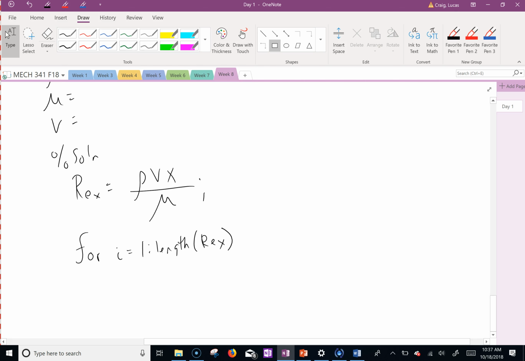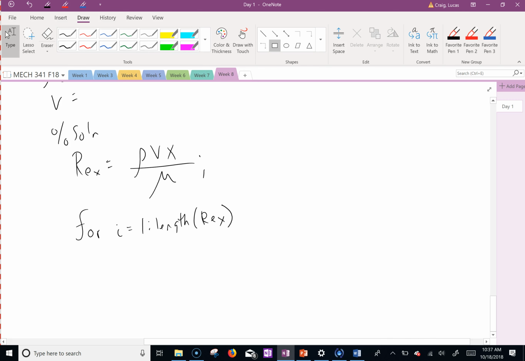This is just saying that it's going to start with 1 and go as many times as this matrix is long. So what we need to do is say: if REX of i is less than 10 to the 6, then delta of i equals blah, blah, blah.